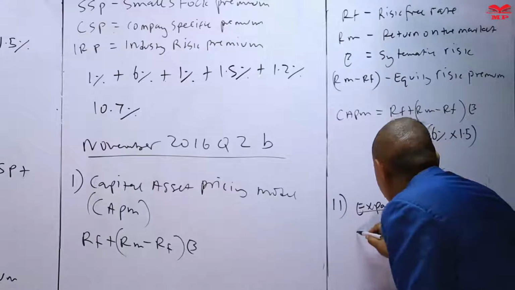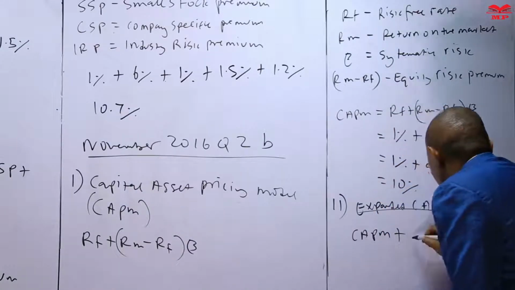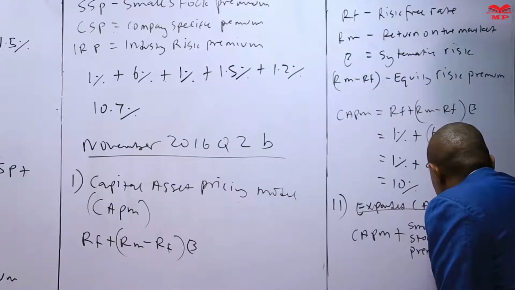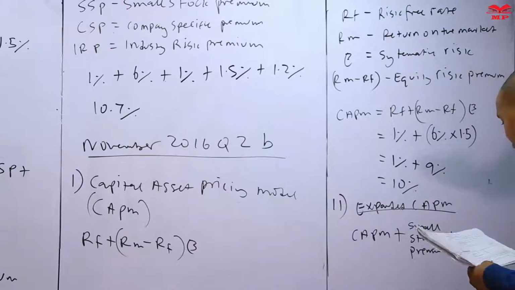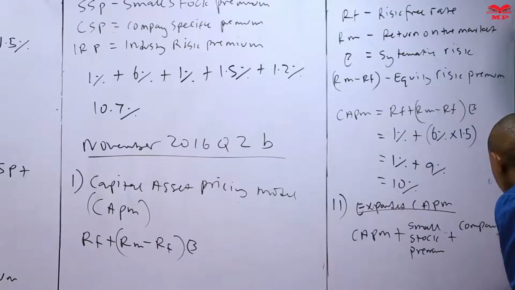So we're saying we have CAPM plus small stock premium, plus the company specific risk premium.